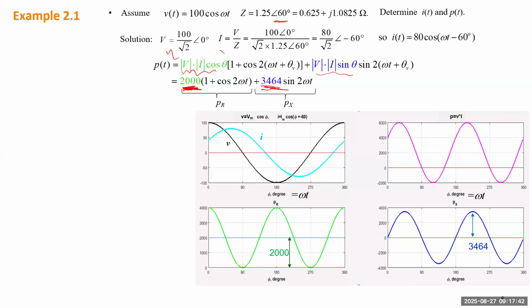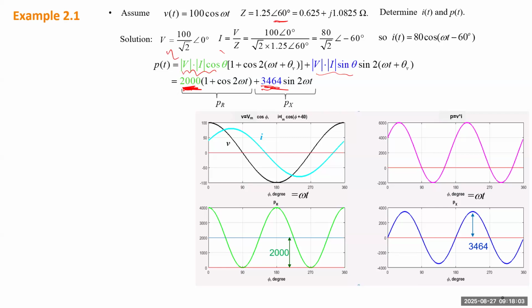But in the next 90 degrees, that consumption becomes negative. So basically this device consumes energy and gives it back to the source, then consumes energy and gives it back. So this 3464 only indicates a pattern of how the load exchanges energy with the source.